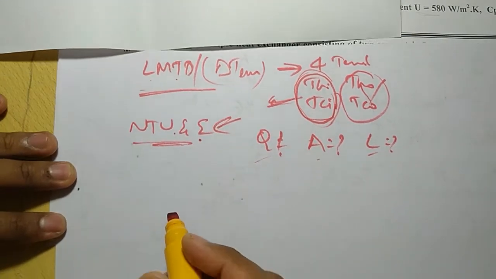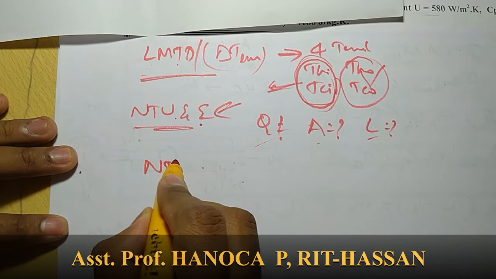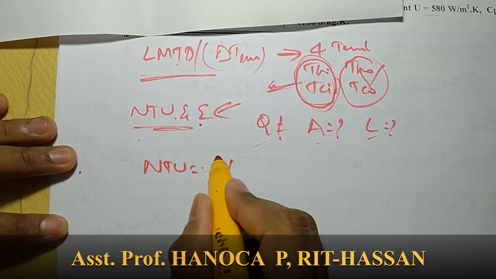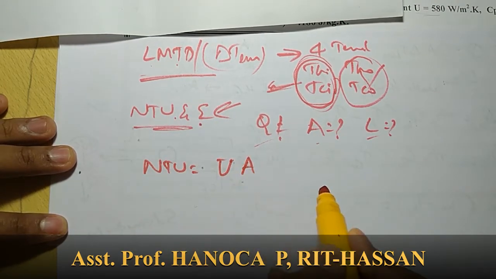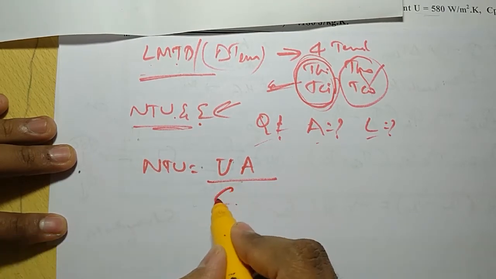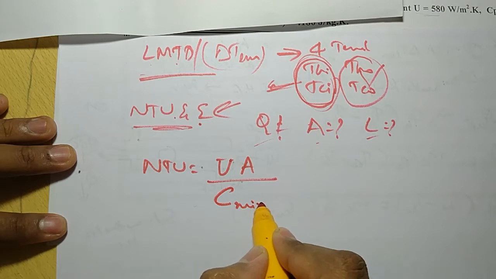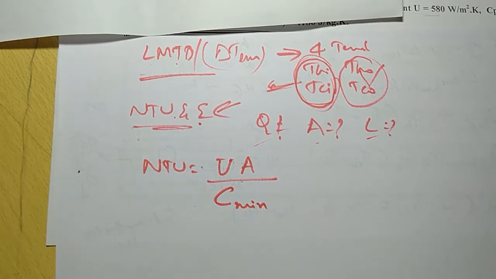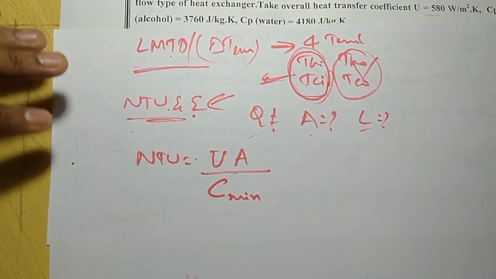NTU is defined as the overall heat transfer coefficient U times the surface area of the heat exchanger A, divided by C minimum, the minimum heat capacity rate: NTU = UA/C min.